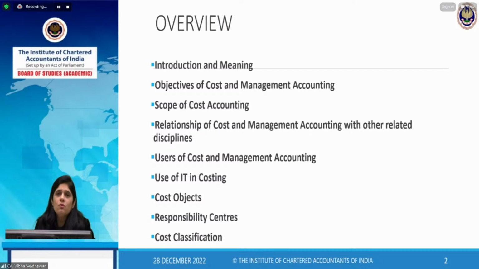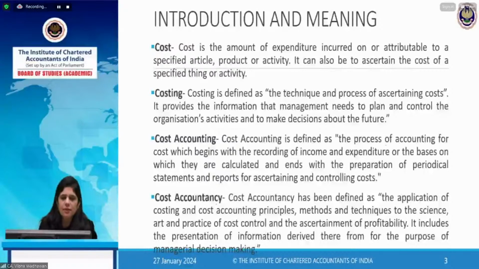Here, who are the users of cost and management accounting? Then use of IT in costing, and also the digital costing system, cost objects, responsibility centers, cost classification, and much more. So we'll be understanding all these concepts in this session today. Let's start with the introduction and meaning of some of the important concepts in cost and management accounting.